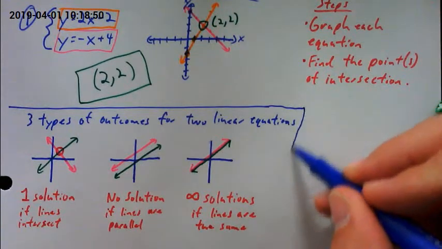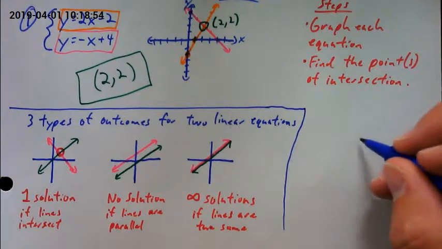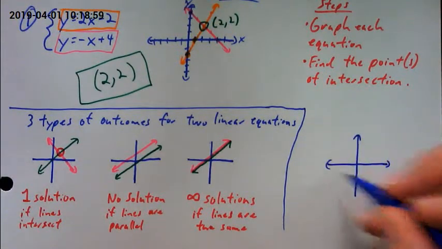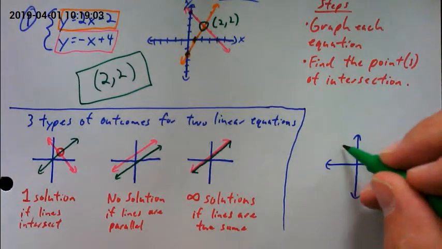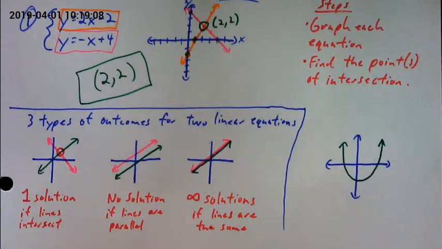Now, you don't have to copy this next thing down. I'm just going to show you one other example of a graph real quick. So if I give you a graph, I don't necessarily have to make it two linear functions.